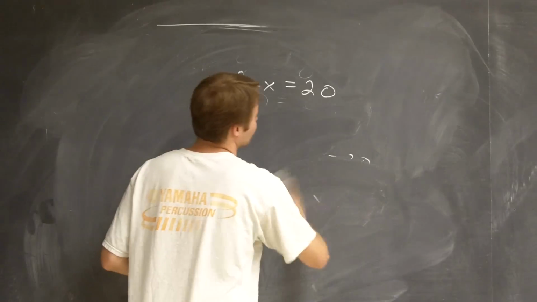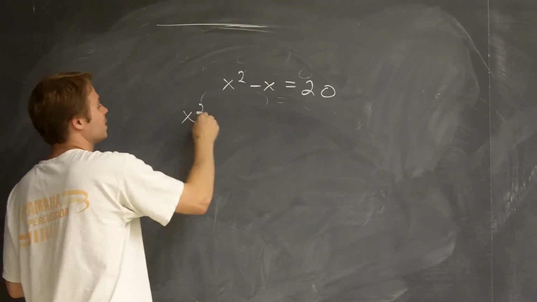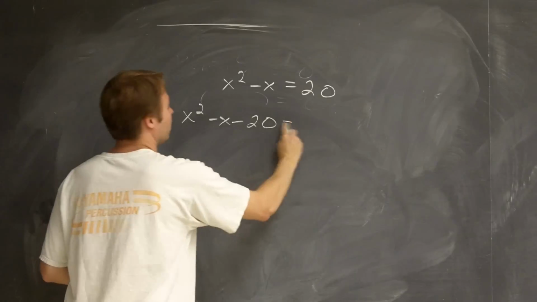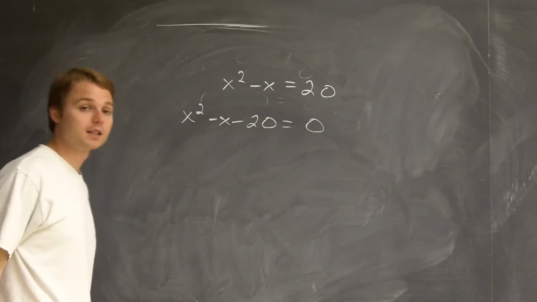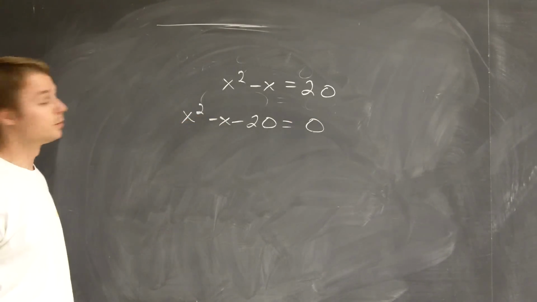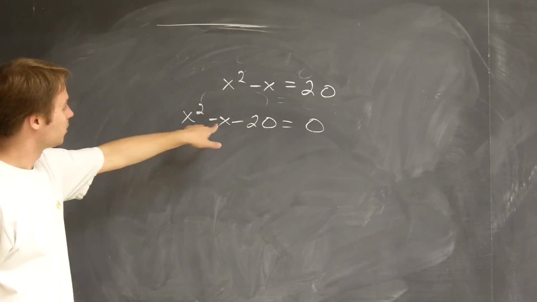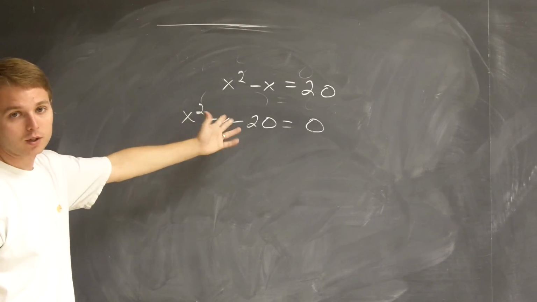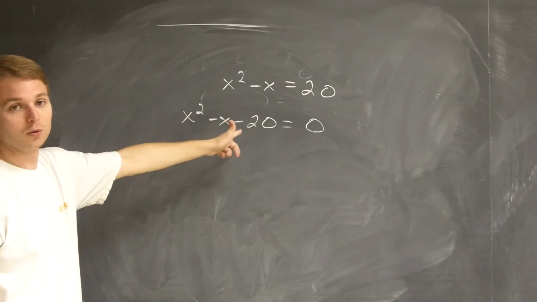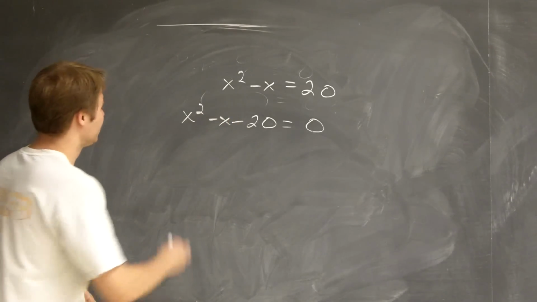But instead, what you want to do is get one side of the equation equal to 0. So I can do this fairly easily by just subtracting the 20 from both sides. And now I'm dealing with a type 1 trinomial equation, right? So I can factor x squared minus x minus 20 fairly easily because I just need the two numbers that multiply to get negative 20 and add to equal negative 1.